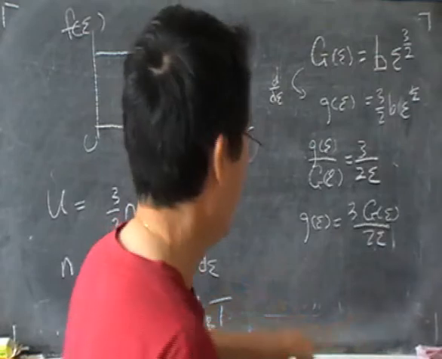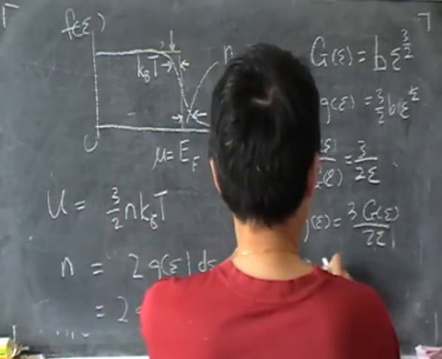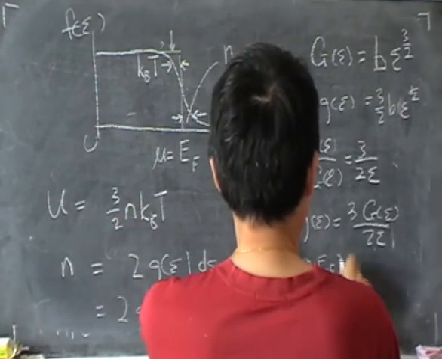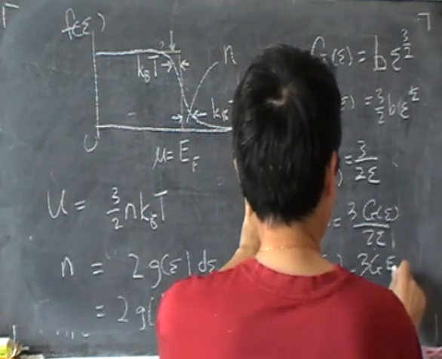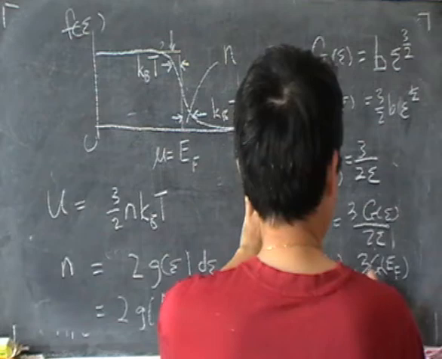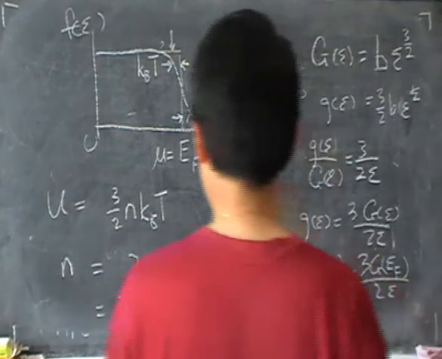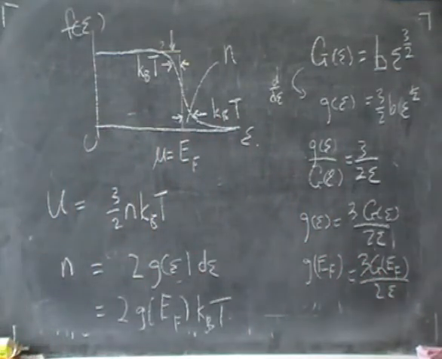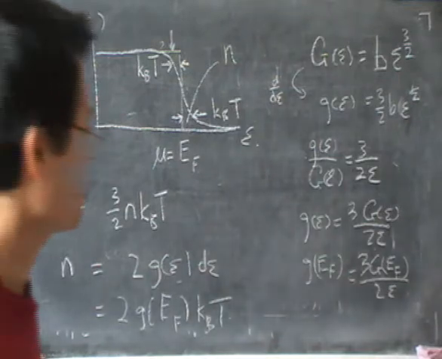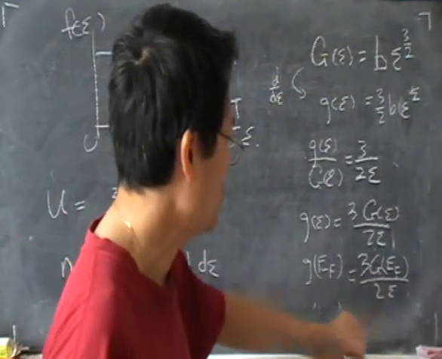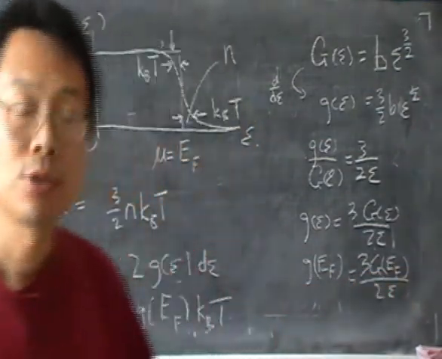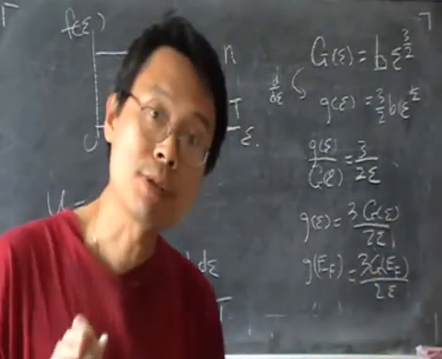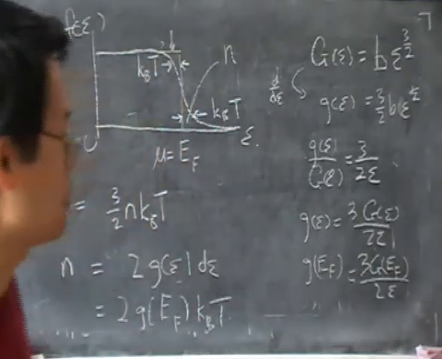Now, if I substitute Fermi energy into E, we find that we have this expression. Now let's think about this big G of EF. So big G of EF is the total number of states below the Fermi energy.